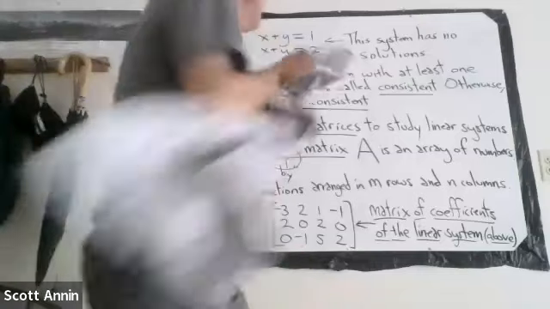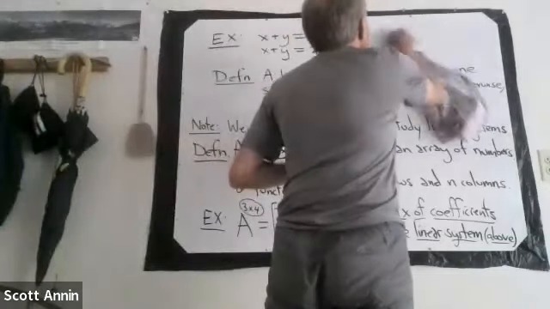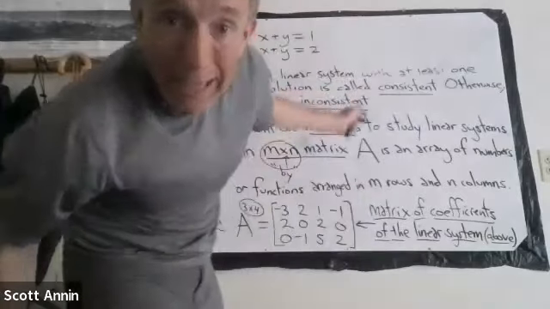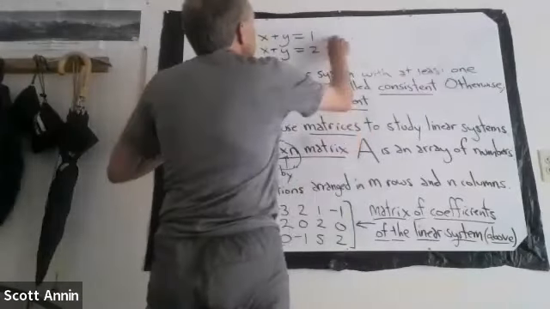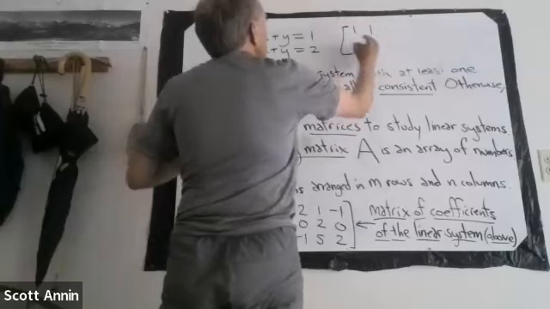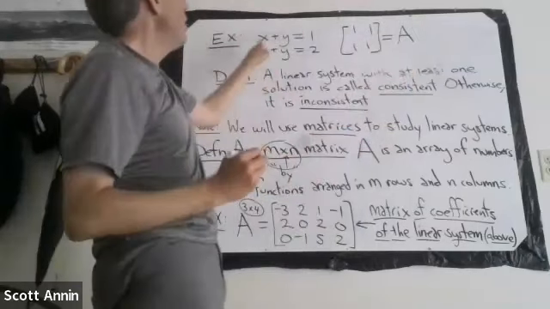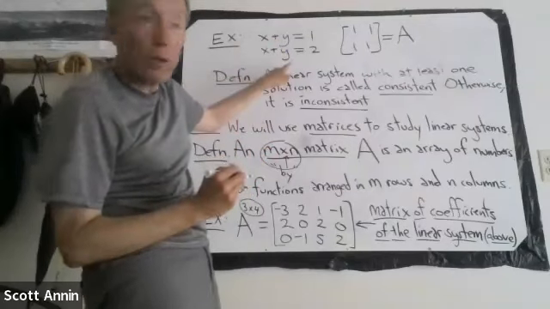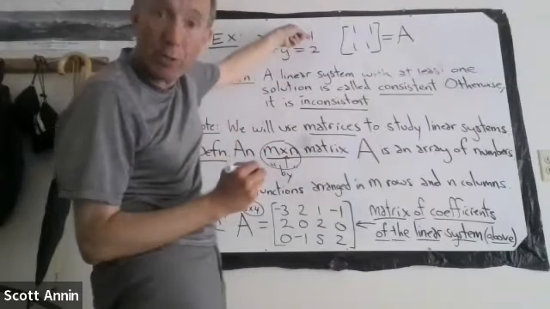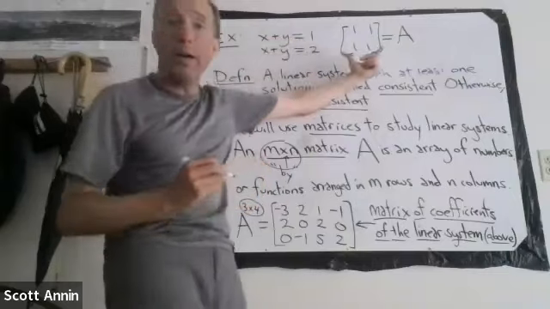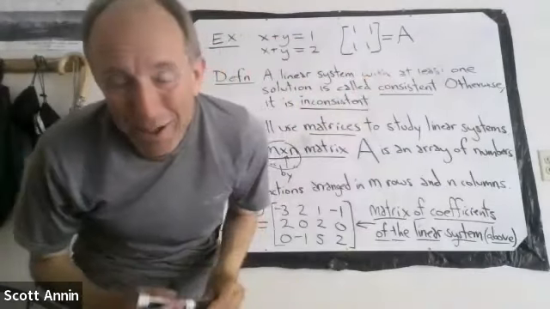For example, in the example on my board, the matrix of coefficients, which I'll call capital A again, would just be 1, 1, 1, and 1. But notice that the right-hand side values, the 1 and the 2, are not referenced by the matrix.